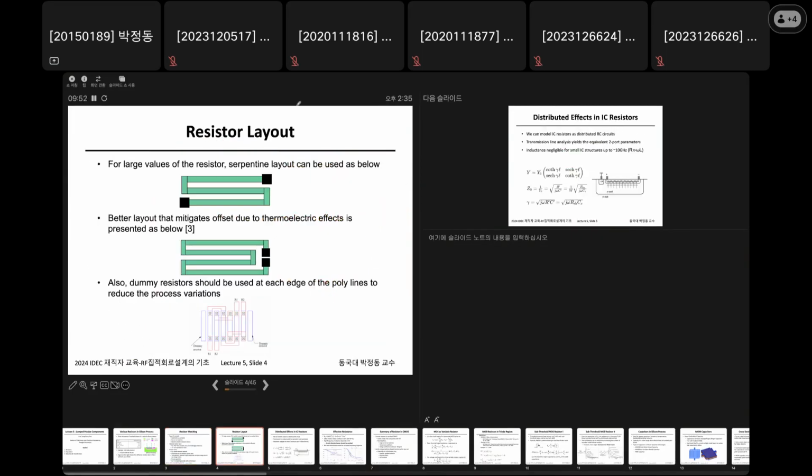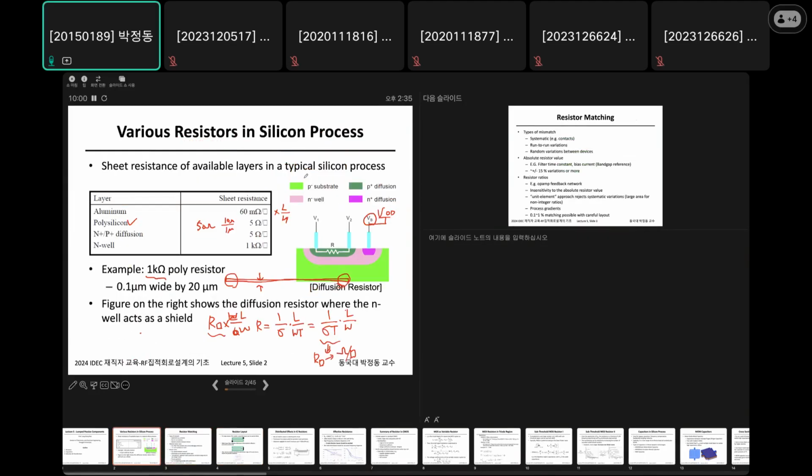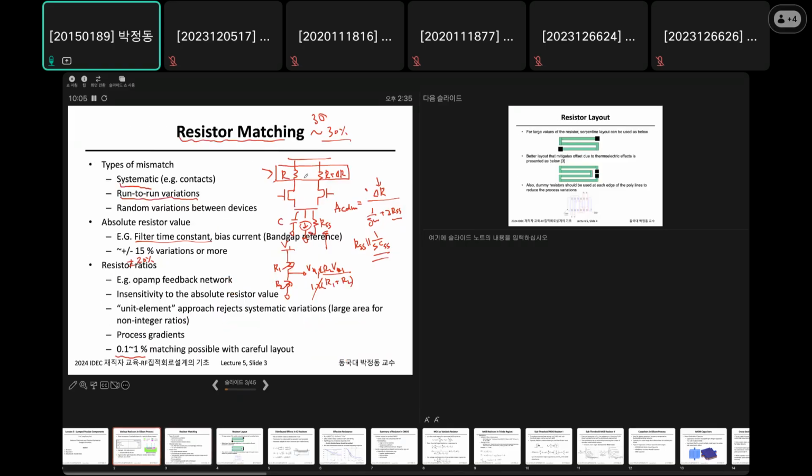Okay, here is the resistor layout. For large layouts, for example, a 1 kilo ohm poly resistor requires 20 micrometers by 0.1 micrometer.